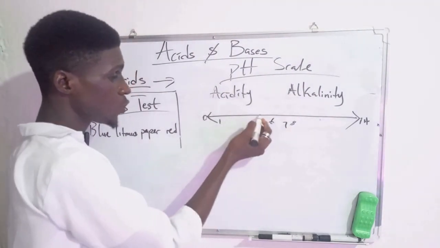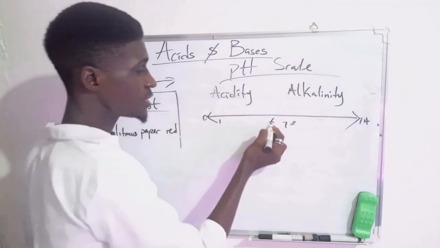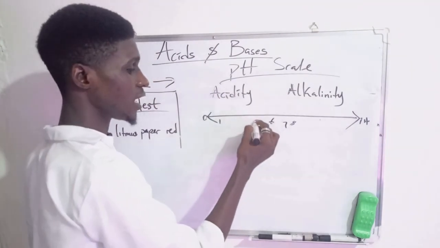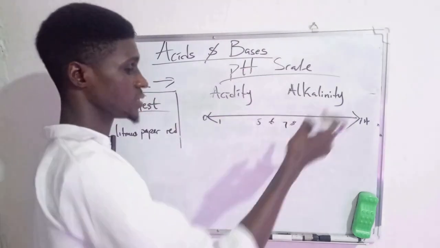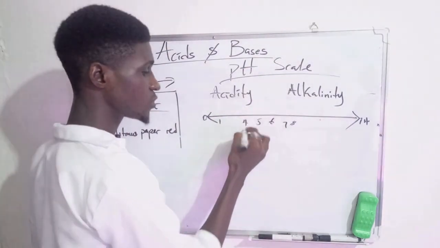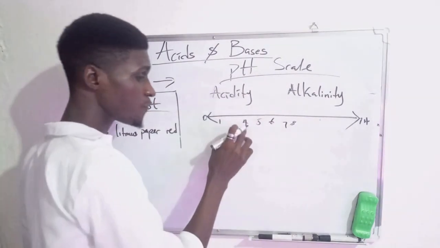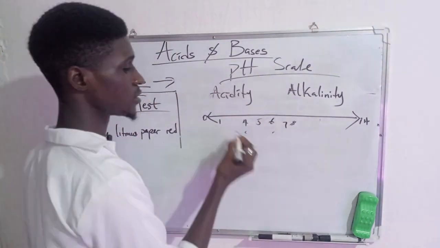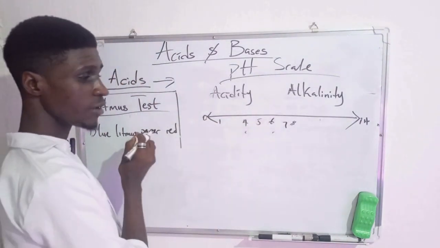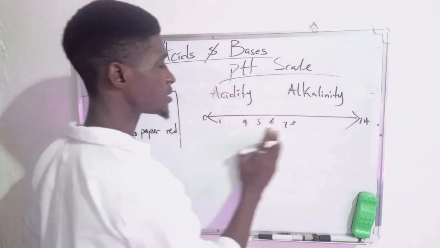Going in this direction, 6 is less acidic than 5. It means that 5 is more acidic than 6. Then as you keep going down, 4 is more acidic than 6. So going in this direction, you are increasing in acidity.